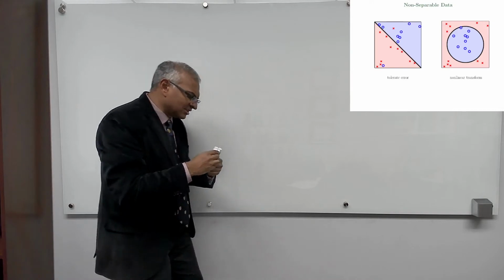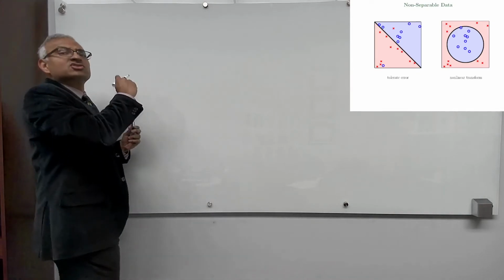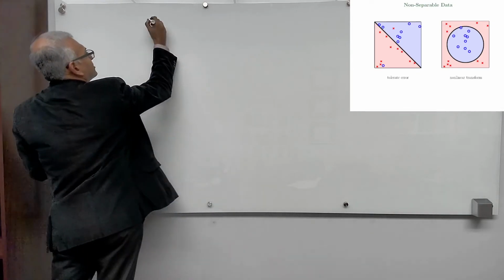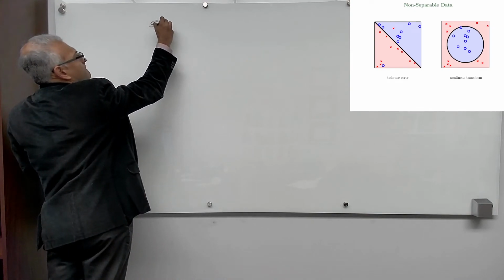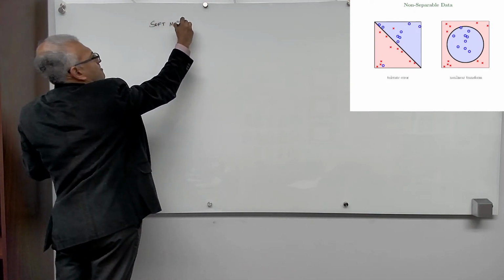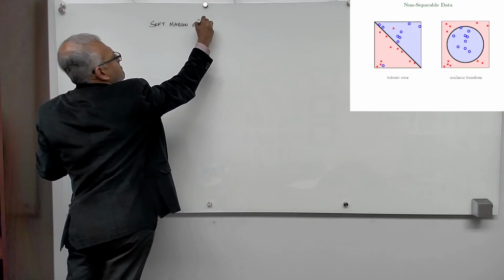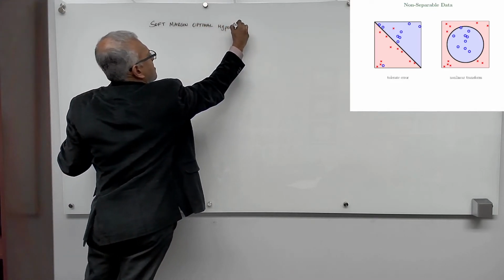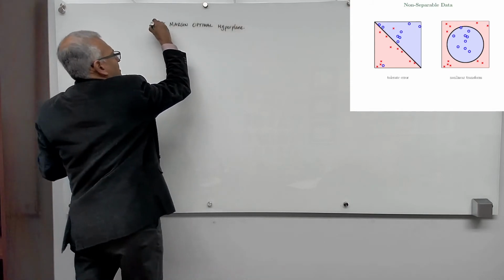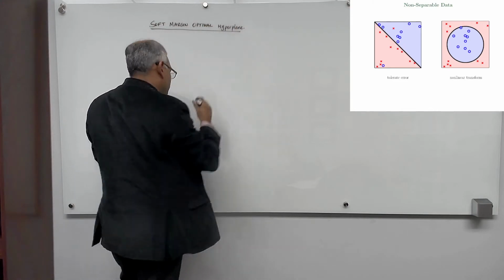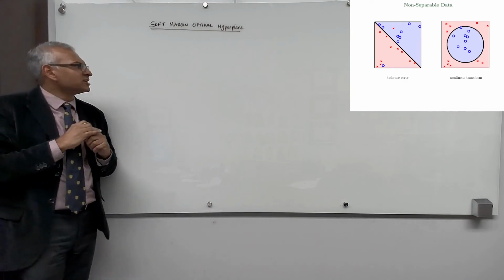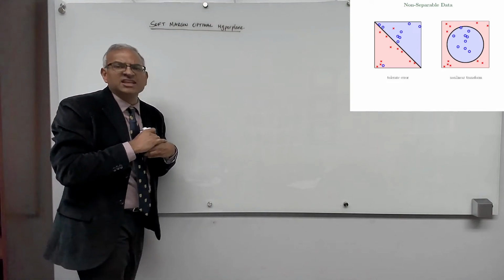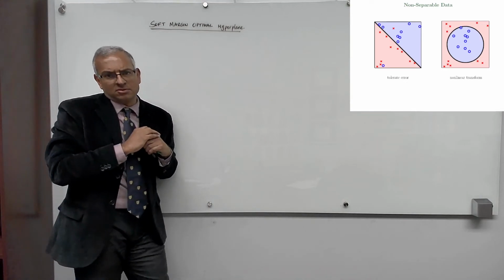And so let's develop what's called the soft margin optimal hyperplane. This suggests that what we've been discussing so far is not the soft margin optimal hyperplane. Indeed, it's called the hard margin optimal hyperplane.